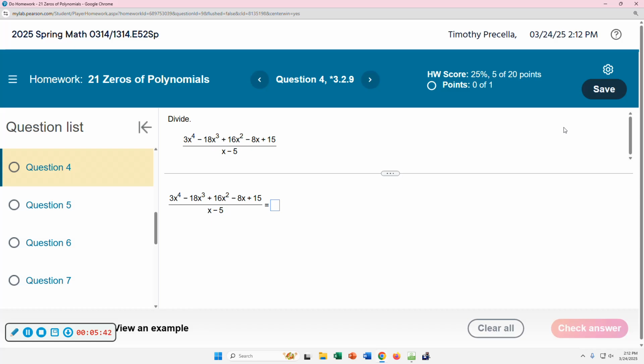We have 3x to the 4th minus 18x cubed plus 16x squared minus 8x plus 15, all divided by x minus 5. Let me make sure I didn't miscopy this, because if I did, it'll throw my answer off a lot.